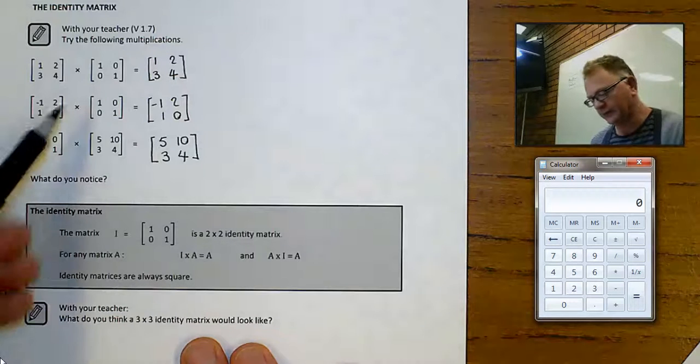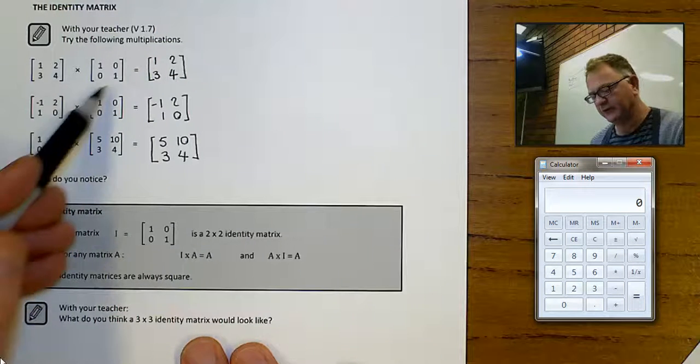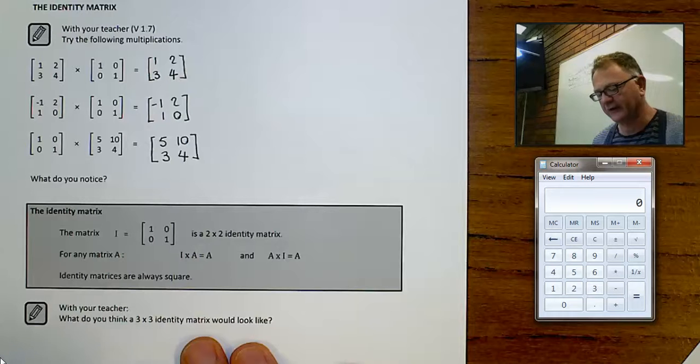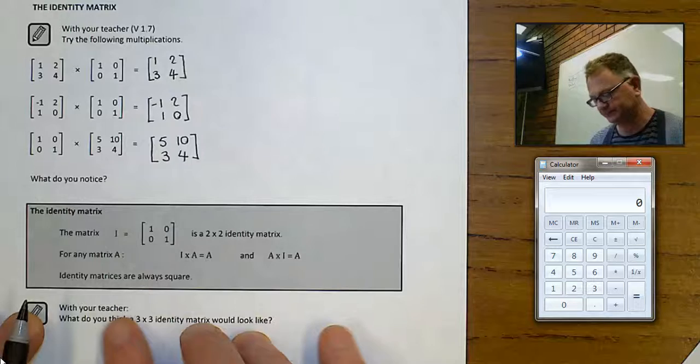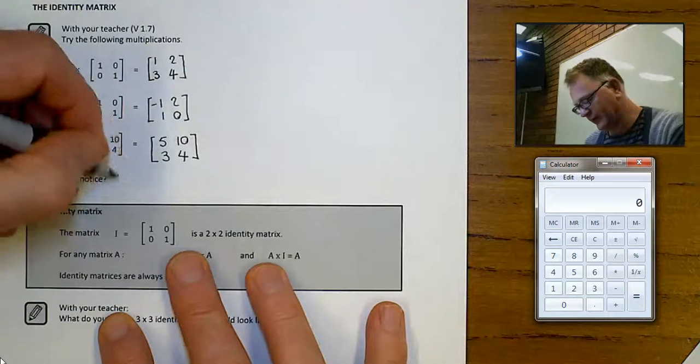So this special matrix here, when you multiply by this matrix, the answer you get is exactly the matrix that you were multiplying it by. This matrix is called the identity matrix. So what do we notice?